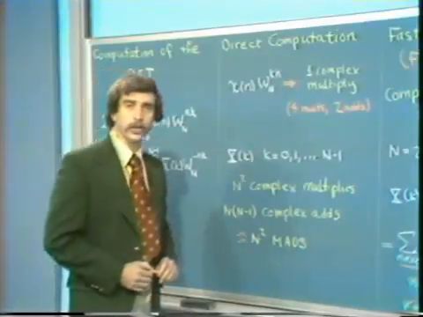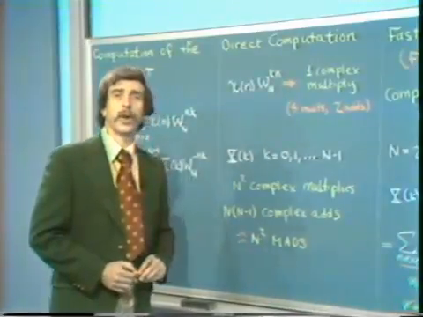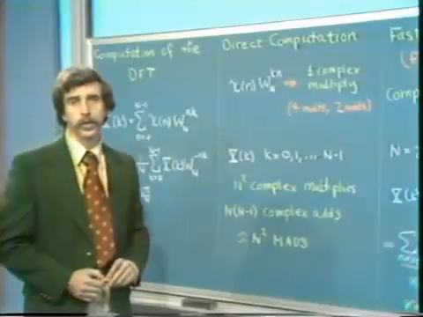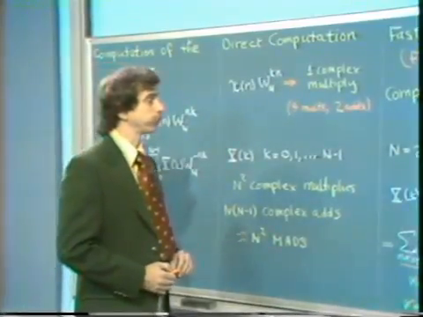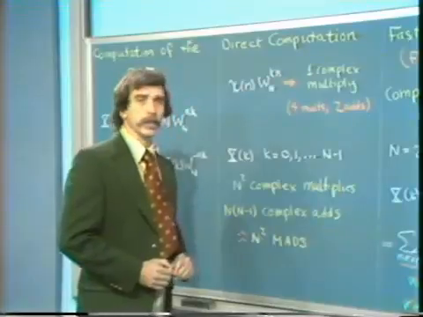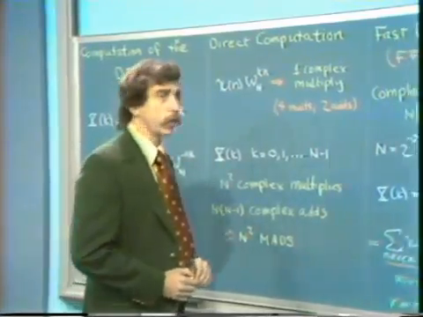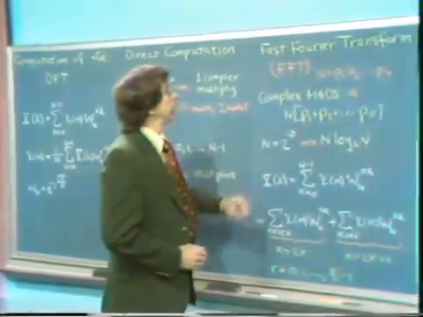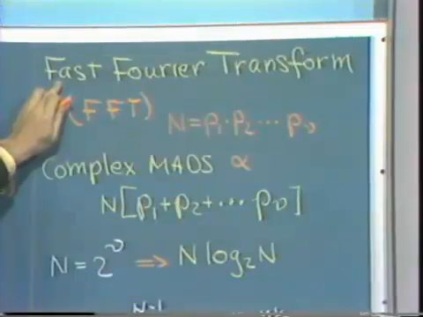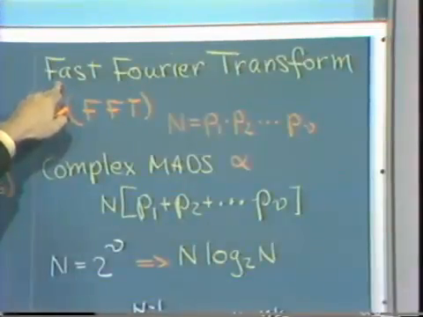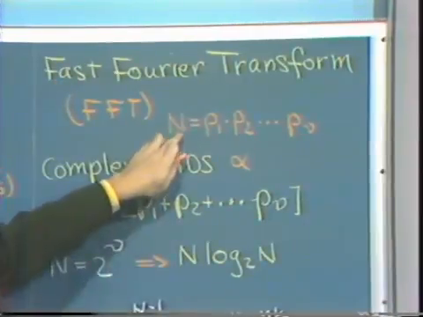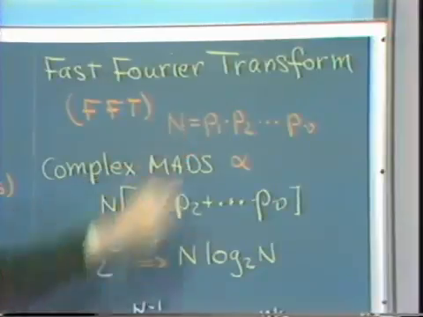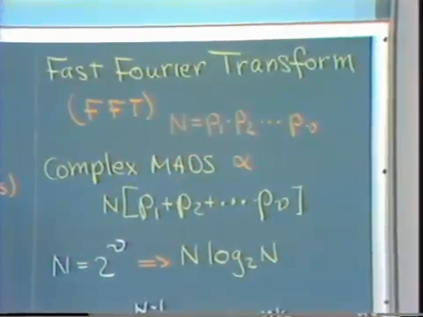And this is in contrast to the primary algorithm that we want to discuss, which is the fast Fourier transform algorithm. Basically, the fast Fourier transform algorithm is directed at computing the discrete Fourier transform for a choice of N, the size of the transform, highly composite.